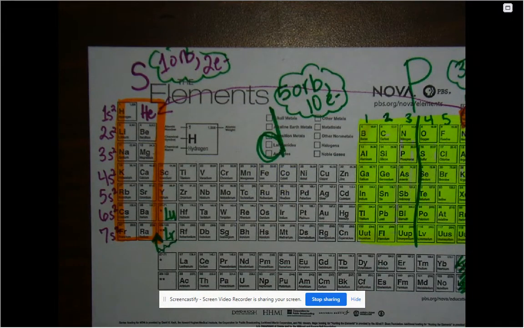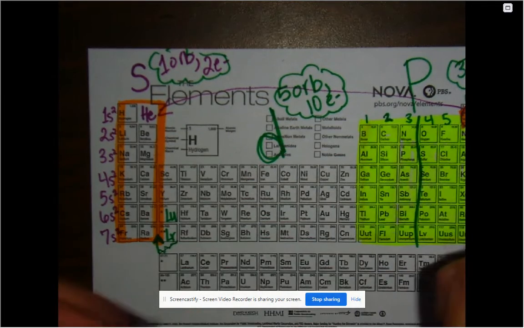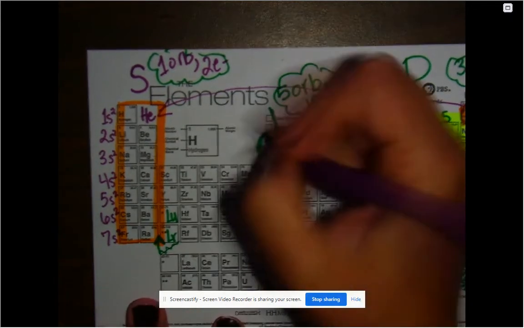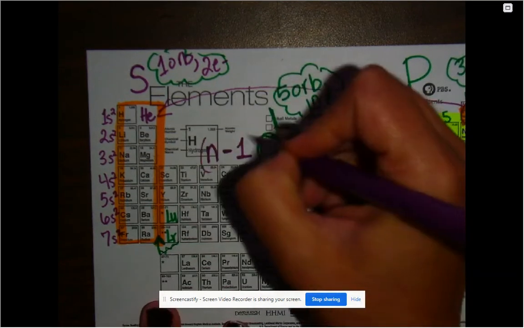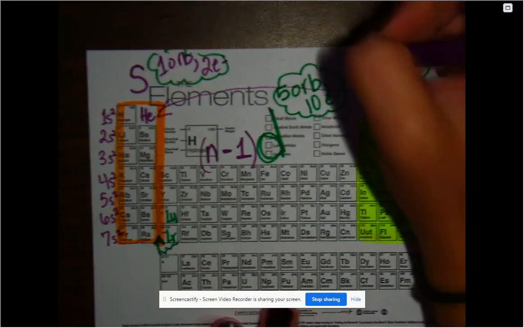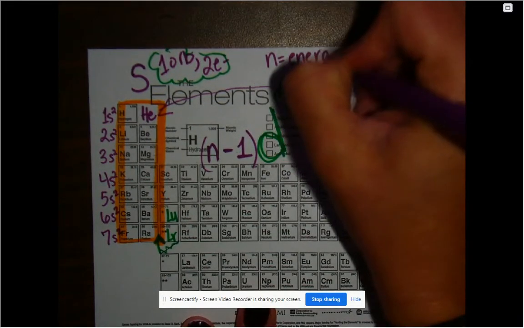So just think of the Bohr model. Every time we added an energy level, it was a new ring, new ring, new ring. So what we do here with these elements right in the middle is they fall back 1 energy level. So I want you to write N minus 1 right here. Okay? And then if you want this reminder at the top, N is equal to energy level.